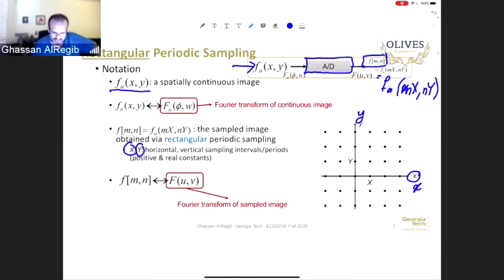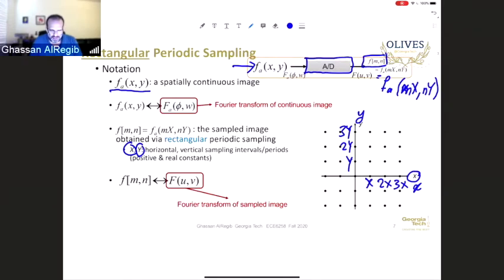And here in the x-axis, we have capital X, 2X, 3X, and so on. And in the y-axis, we have capital Y, 2 capital Y, 3 capital Y, and so on. So that's why the name rectangular sampling or rectangular lattice is coming from.